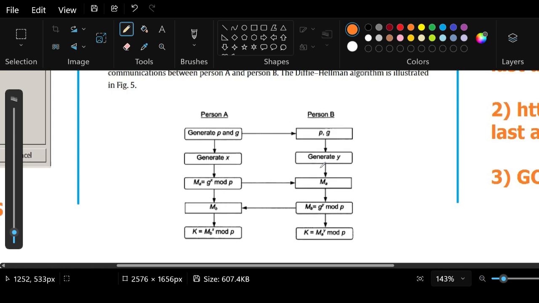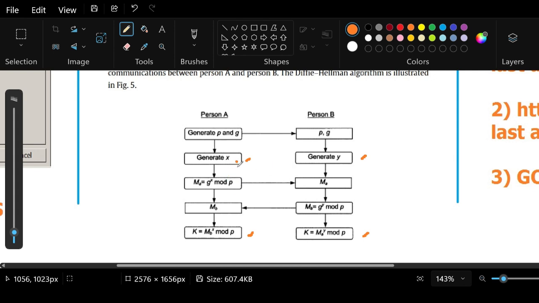If we look at how it's supposed to work based on the diagram, we are gonna generate a value, and then the other person, if we are two persons, will also generate a number, and then we are supposed to do some kind of computation that would lead us to a key that can only be computed if we have the numbers that we generated. So the two numbers x and y, if we don't have those, we won't be able to get the final computation, which would be the key.